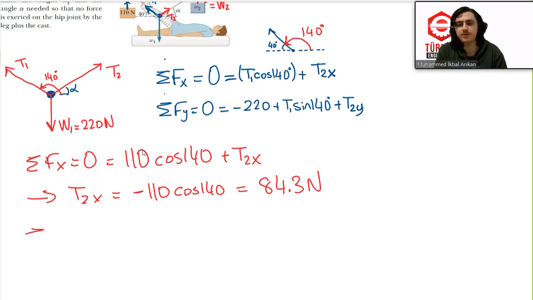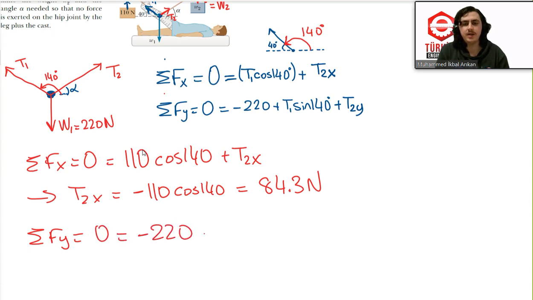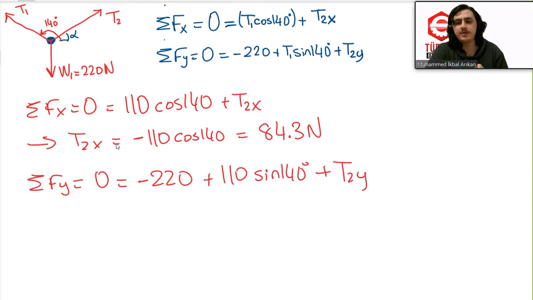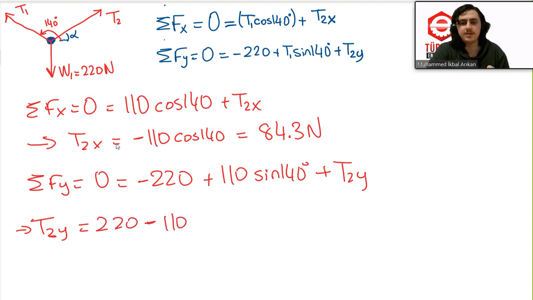What about the second one? So in Fy, I have 0 equals to minus just 220 plus this one, which is just 110 sine of this one, plus T2y. So T2y will be equal to, just this will go to the other side, so positive side, minus this one positive, so for the other side will be negative.